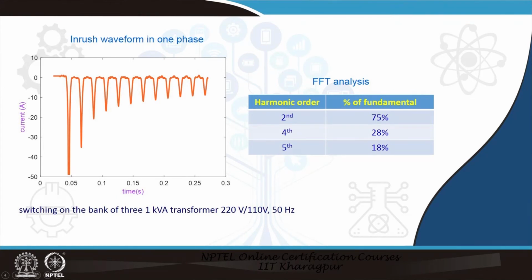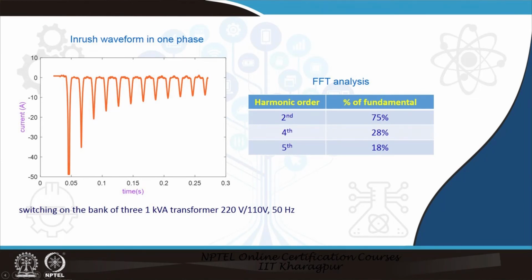To avoid that, if you see this waveform collected through the oscilloscope, like the inrush current for the transformer, there is a lot of harmonic content here, different from the earlier case.